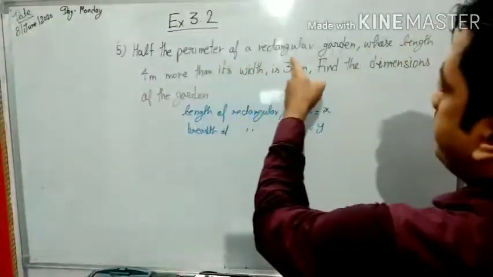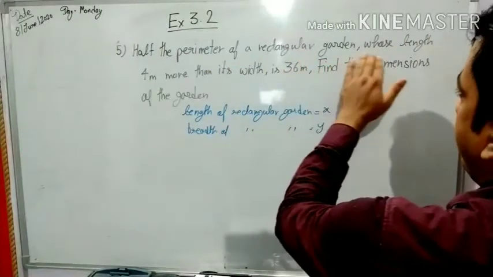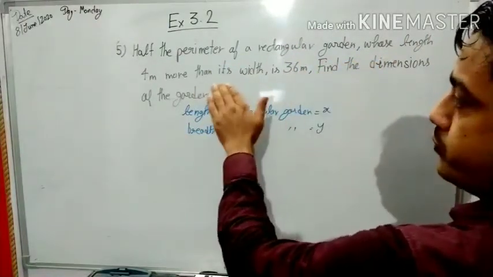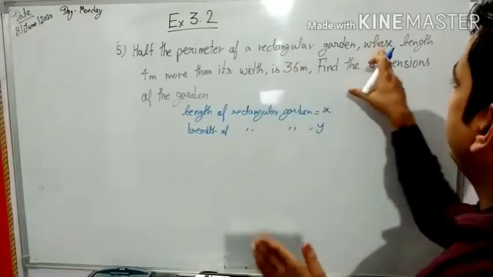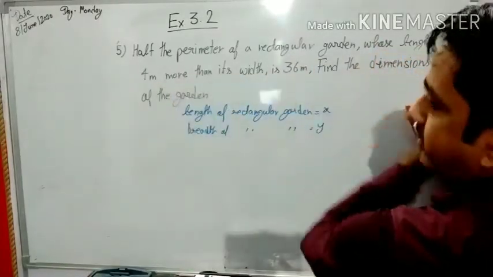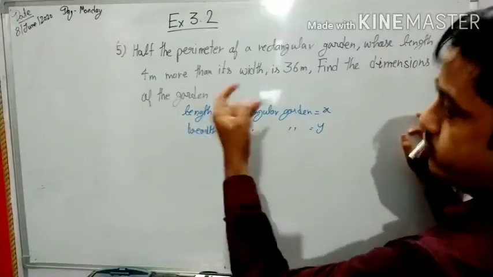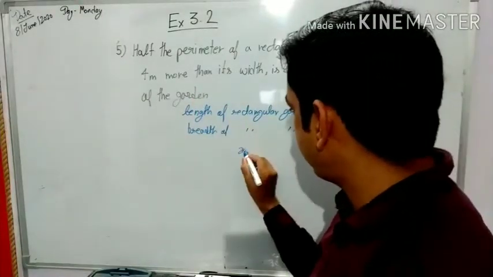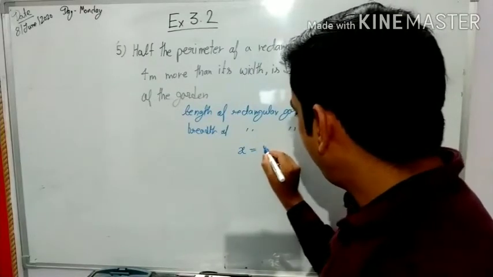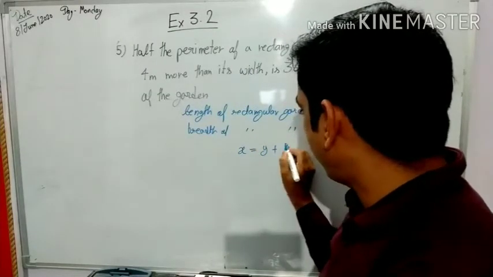Half the perimeter of a rectangular garden whose length is 4 meter more than its width. So first of all, you distinguish this. Length is 4 meter more than its width. So what is length? x is equal to y plus 4.